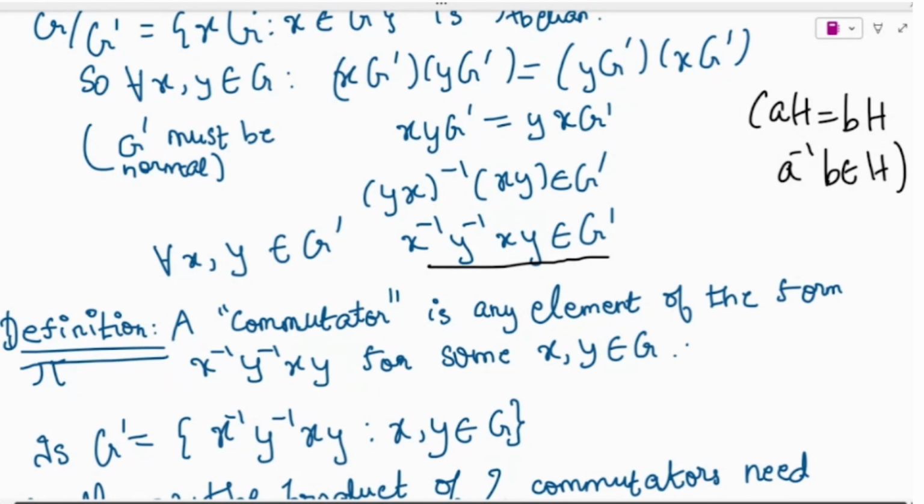Anyone? Okay, yes, identity always belongs to the set, because if we let y be the identity and x any element, it will always be the identity. So identity always belongs to G dash.